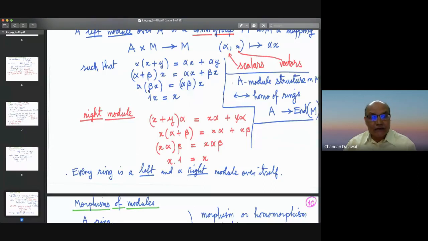It says that if you multiply by beta first and then by alpha, it's the same as multiplying by alpha beta. But here you are multiplying by alpha first and then by beta. That amounts to multiplying by alpha beta. So that's the difference between a left module and a right module.